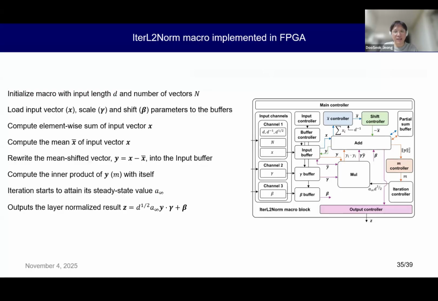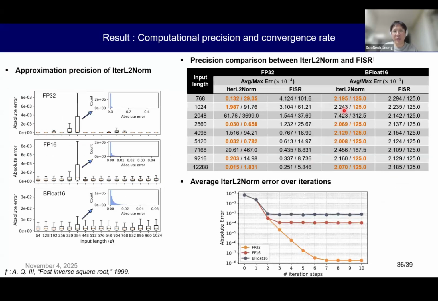So yeah, we compare the performance of our approximation with FISR, which is the fast inverse square root algorithm. We can really see that if you compare our algorithm with FISR, the precision is quite high.